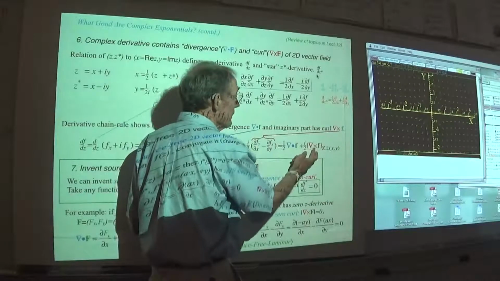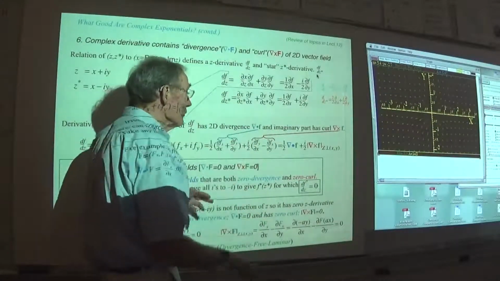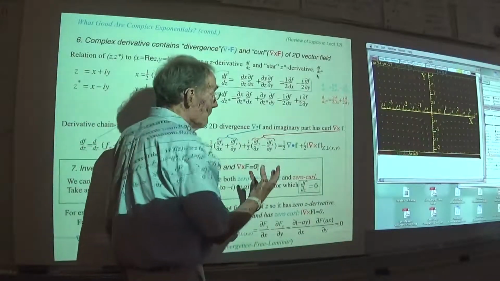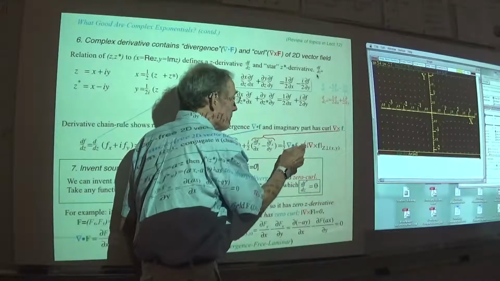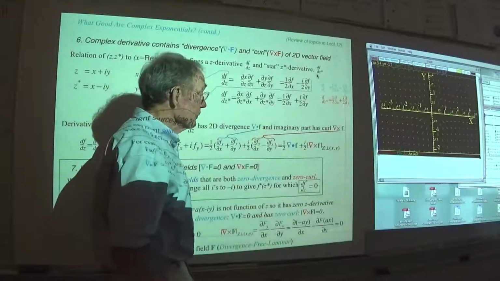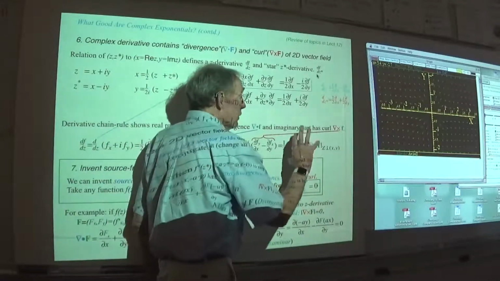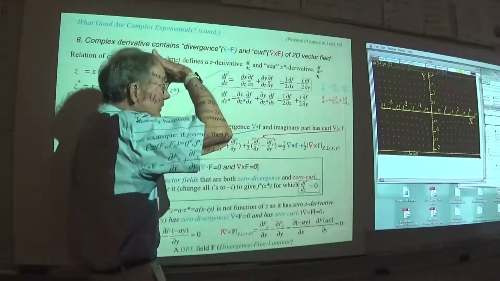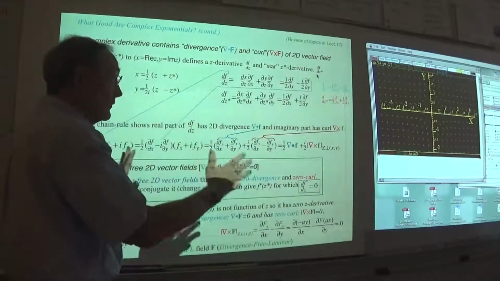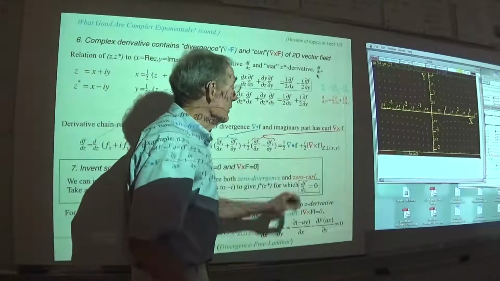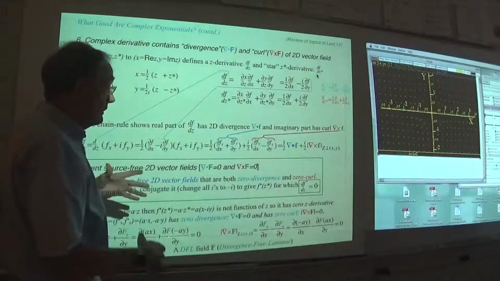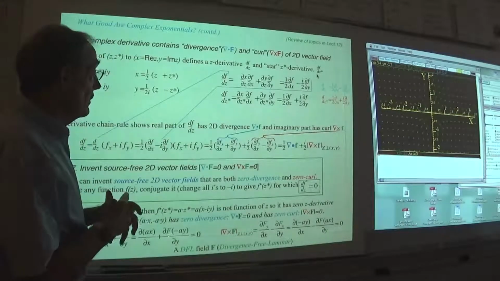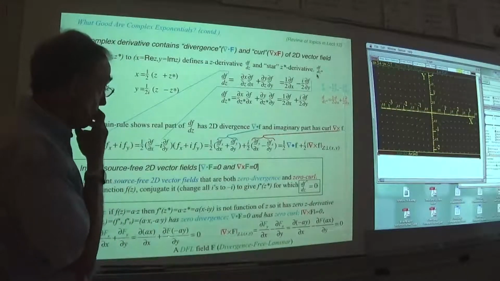And then this combination is one component of the two-dimensional curl. So the flux differential or derivative and the rotational or curling circulation derivatives are isolated as real and imaginary parts of the derivative. And we're working with a two-dimensional field which will have those properties.